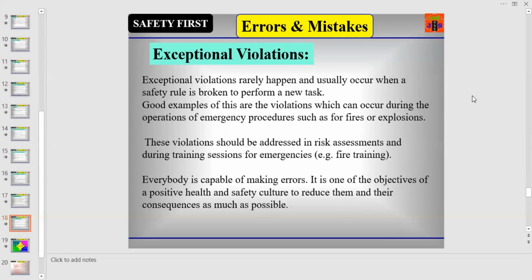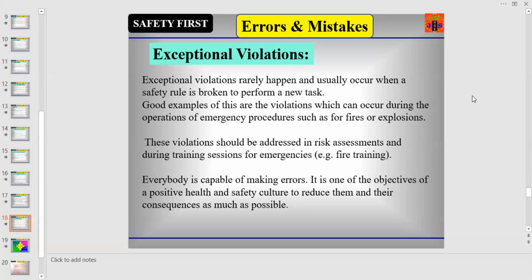Do you know what are exceptional violations? Exceptional violations rarely happen and usually occur when a safety rule is broken to perform a new task. Good examples of this are the violations which can occur during the operations of emergency procedures, such as for fires or explosions.